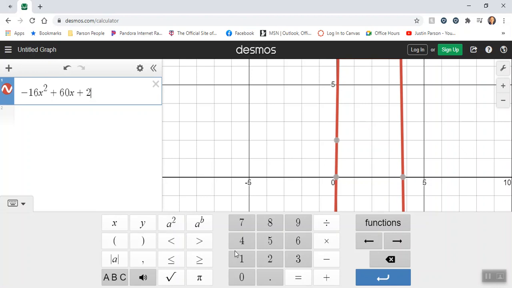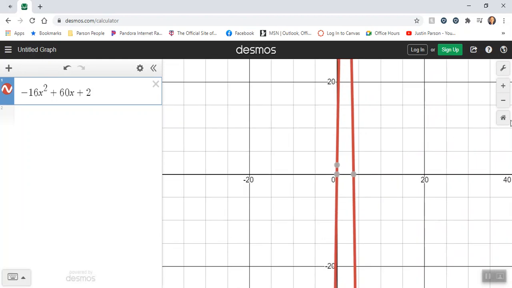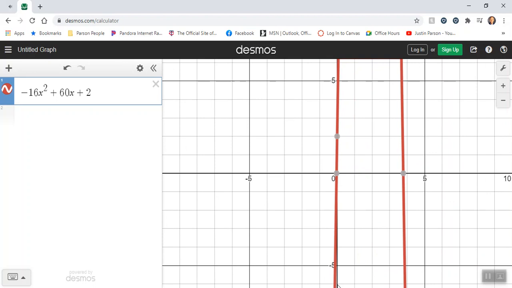Listen carefully on this. You can zoom out a little bit as much as you want, but I don't like that. Here's an easy thing to do. Put your cursor right here by the x-axis, and then hit the shift button. See how my cursor's at the x-axis down at the bottom? If you hold the shift button like this, see how that changes? You can compress it or stretch it.